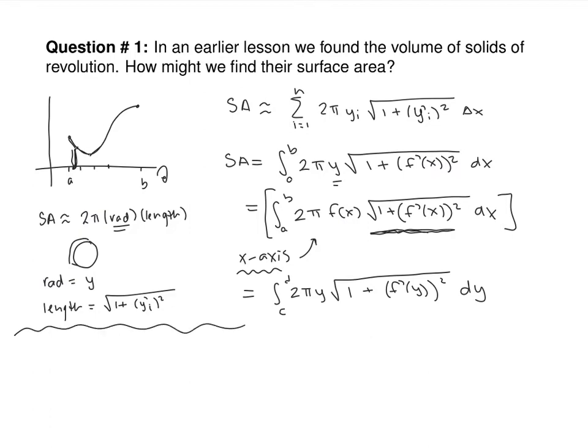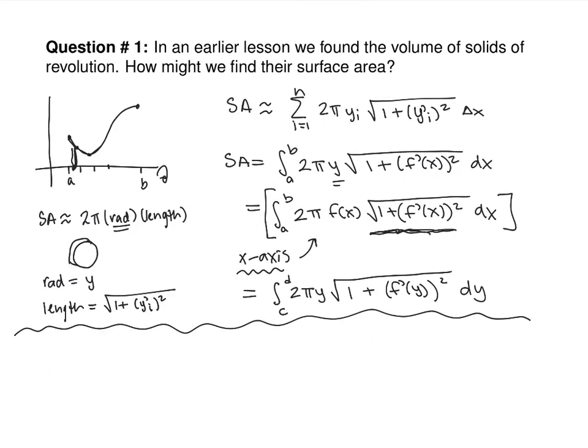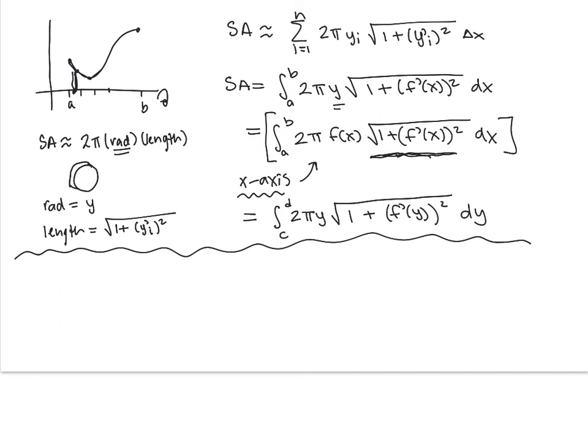Now, if you rotate about the y-axis, your surface area will be given by the integral of 2 pi x square root 1 plus f prime of x squared dx. That's because your distance away, or your radius, is now x, so your circumference is 2 pi x, and the little length can be approximated using the 1 plus f prime of x squared thing.